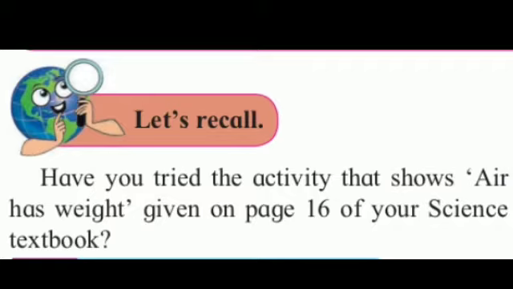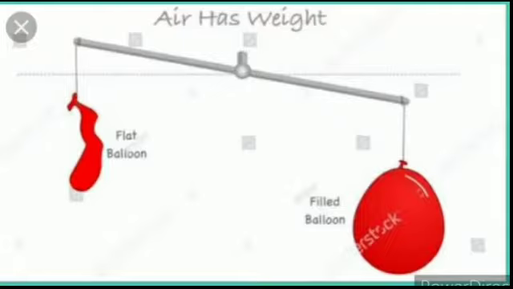Now, student, there is one activity in your science textbook. So, what is that activity? Does anyone know? Let's see the picture over here. This was your activity. Am I right?